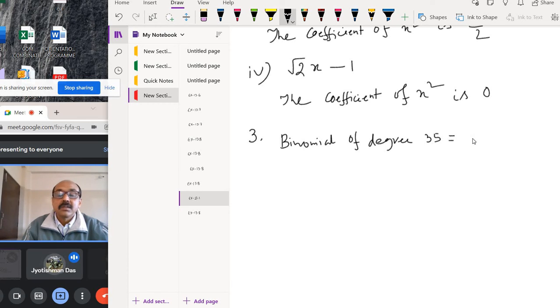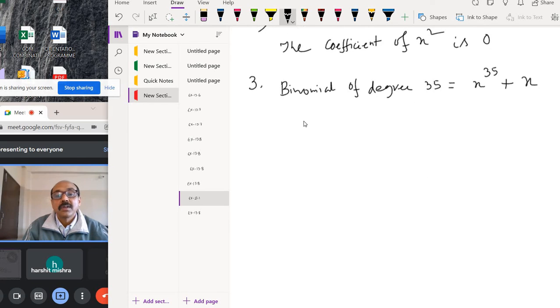Sir, x to the power 35. Then binomial, so one more term is needed, two terms, the sum or difference of two terms. So x to the power 35 plus x also we can write. Binomial of degree 35, so the maximum power is 35, so its degree is 35. Variable x, and x to the power 35 plus x. Two terms are present, so it is a binomial. So it is a binomial of degree 35.